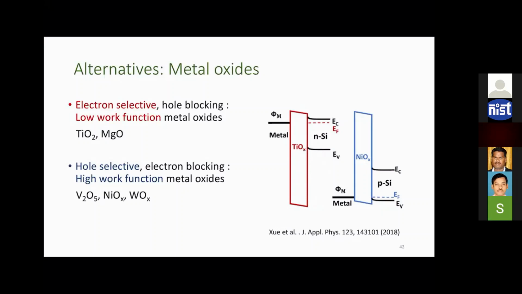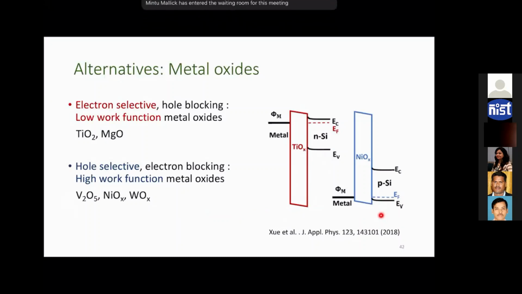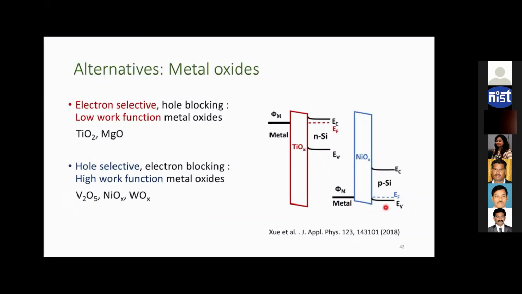Similarly, there are metal oxides like vanadium pentoxide, nickel oxide, molybdenum oxide, and tungsten oxide that can work as hole selective and electron blocking layers. Let us take an example of nickel oxide and p-type crystalline silicon. Here, the valence band of the nickel oxide aligns well with the valence band of the crystalline silicon.